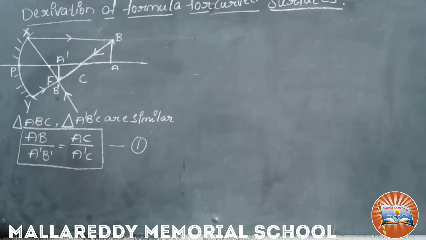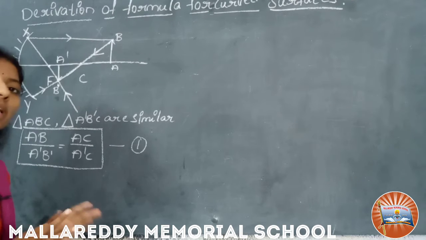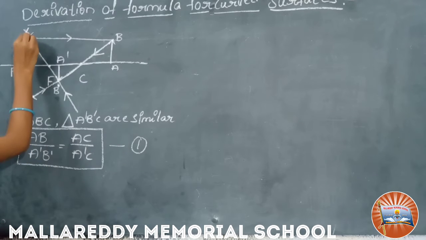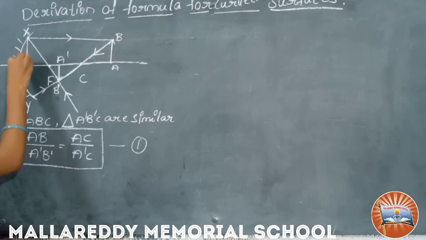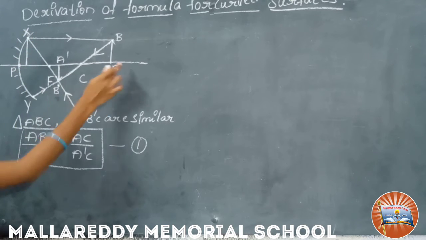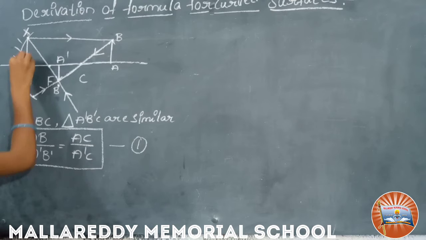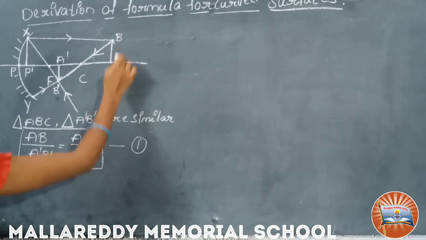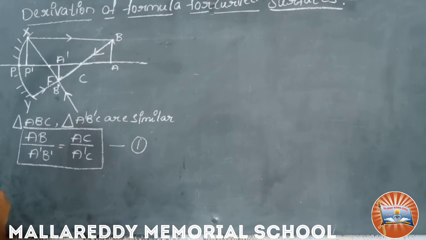Now here I want to draw one line which is perpendicular to the principal axis from the point X. So from this point X I am drawing one line and this line is perpendicular to the principal axis here, right? So I am taking this point as P dash. Now we can write X P dash is equal to AB, right?